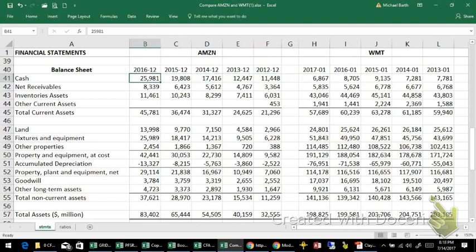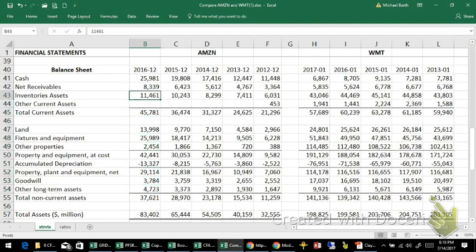Now, it's hard to make real comparisons because it's hard to judge when you're looking at big numbers. I know the numbers for Walmart are bigger, and they're in millions of dollars. So Walmart has, for example, in calendar year 2016, almost $200 billion of assets compared to $83 billion for Amazon.